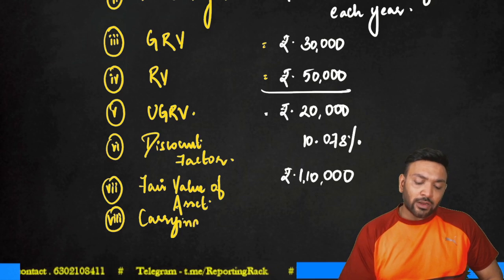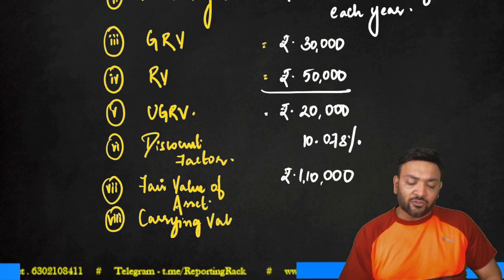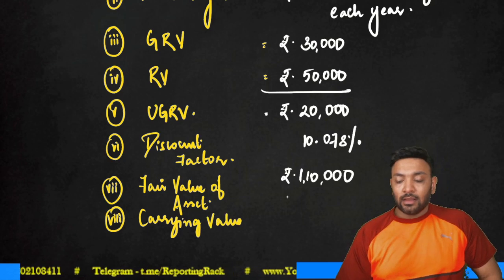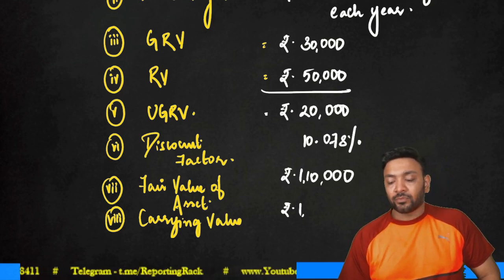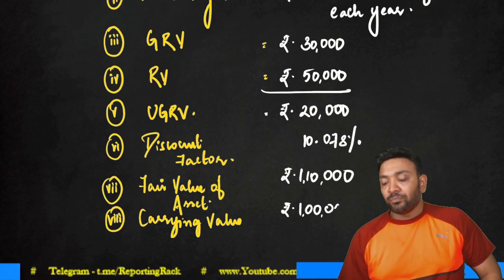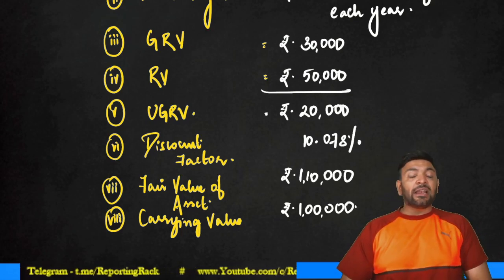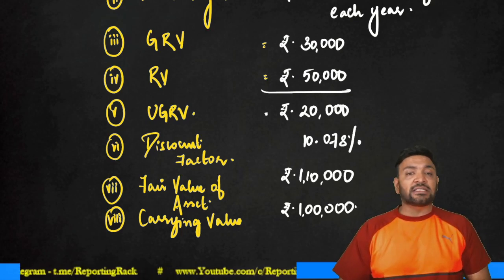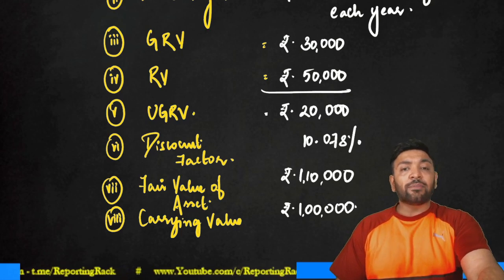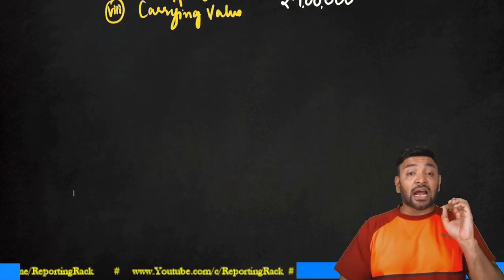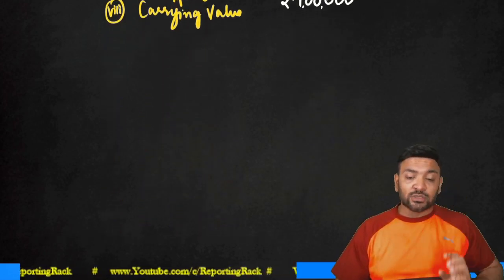The asset had a carrying value on the date of lease as 1 lakh. Based on the above information given, we will have to account for this transaction. First, let me write the accounting entry. Then you start answering what are the amounts which are relevant.